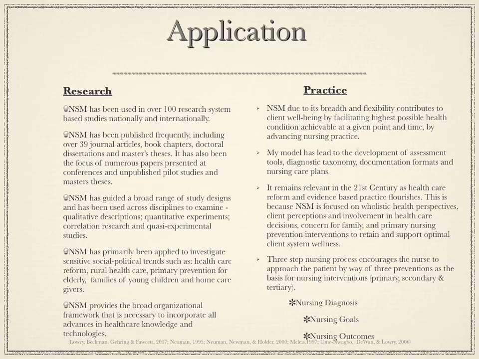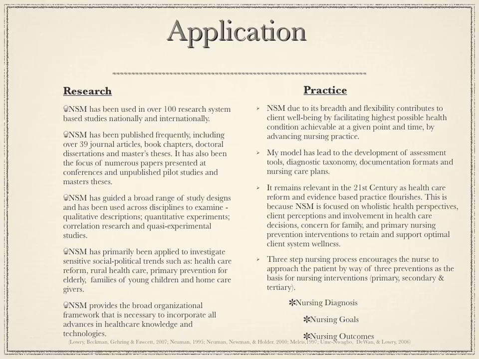My model has been used in over 100 research system-based studies nationally and internationally. It's been published nationally and internationally in journal articles, book chapters, doctoral dissertations, and master's theses. In addition, it's been presented at numerous conferences.